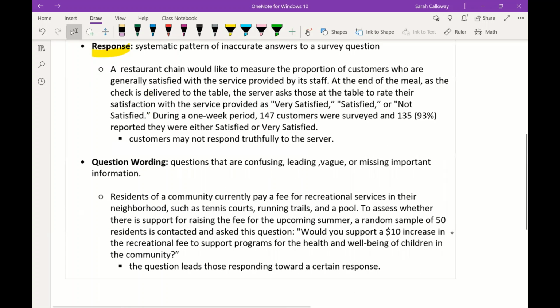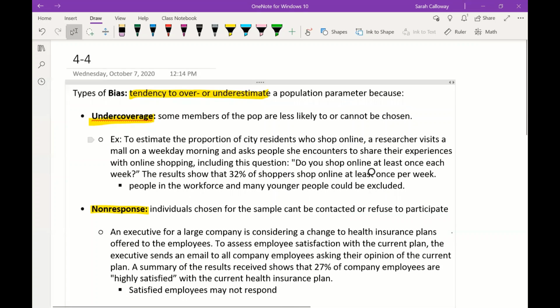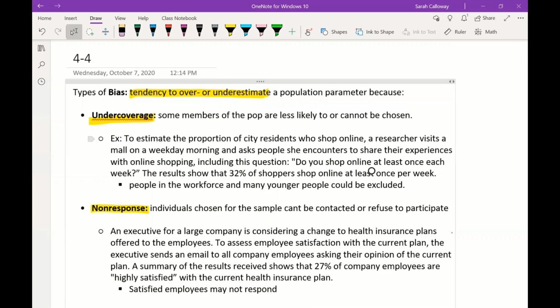So I'm going to go through each one's definition and then give an example and talk about why those are an example of this type of bias. So for undercoverage bias, that's when some members of the population are less likely to be or cannot be chosen.